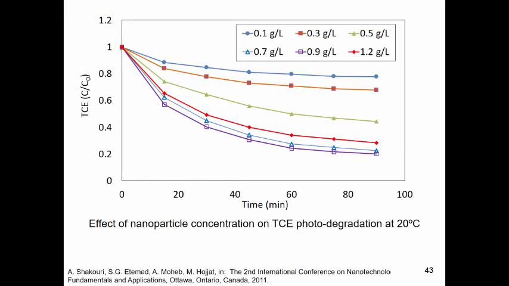As shown in this figure, by increasing titanium nanoparticle concentration up to 0.9 gram per liter, more than 80% of TCE was degraded. However, further increasing titanium concentration has a contrary effect on the TCE degradation efficiency.